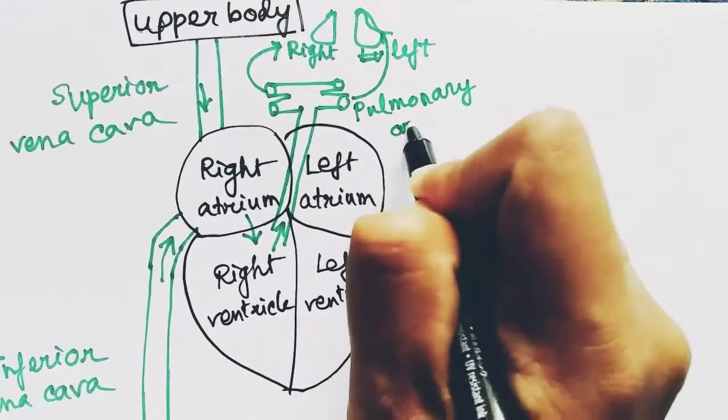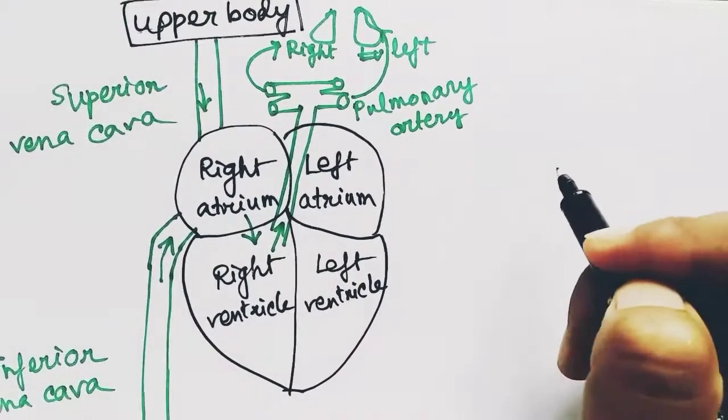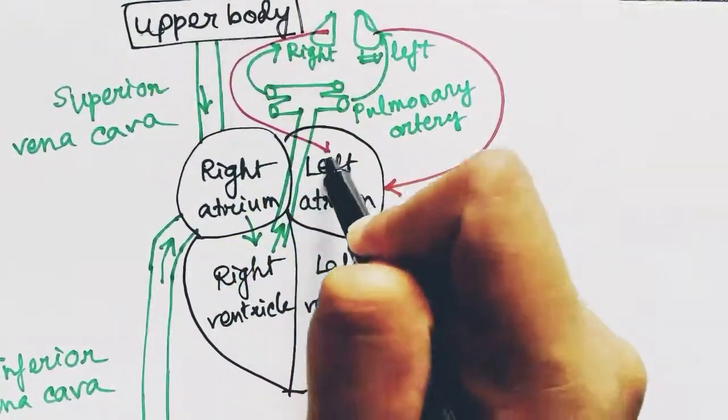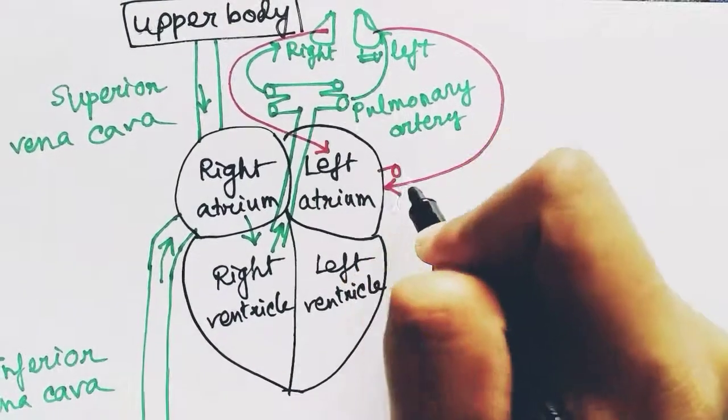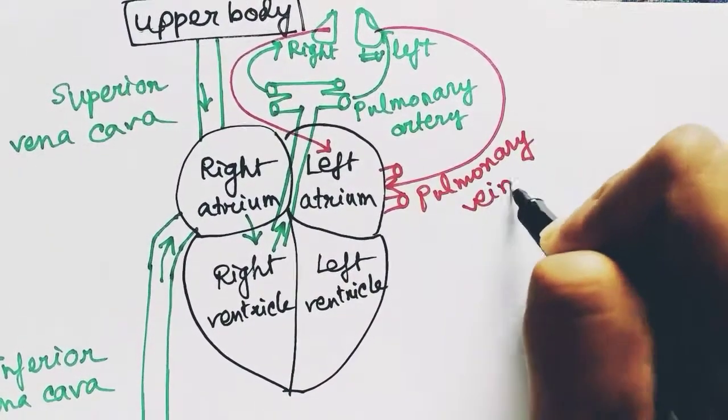Now, from the right and left lung, the oxygenated blood will enter the left atrium via the pulmonary veins, and there are also left and right pulmonary veins from the left and right lung.